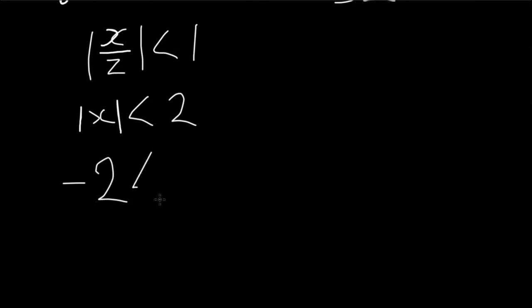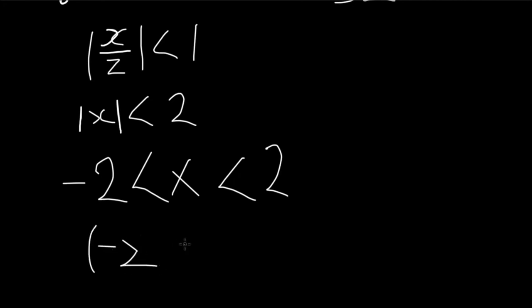So negative 2 less than x less than the positive of 2. So this can also be written in set notation as negative 2, comma 2. This is in set notation. Then you close the brackets like that.